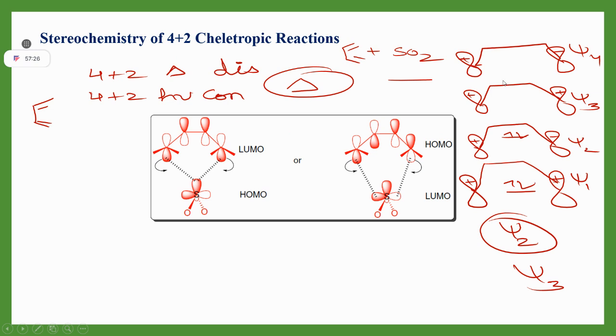So then LUMO, the lowest unoccupied molecular orbital, in that case will be psi 4. So to have constructive interference, now we have to do conrotation. For example, when we do this rotation, these new sigma bonds can be formed in a constructive way, right?